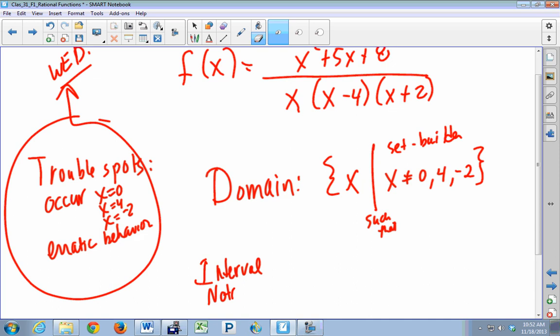Nobody can do interval notation for the domain? Mary, you want to try it? Union. Yeah.